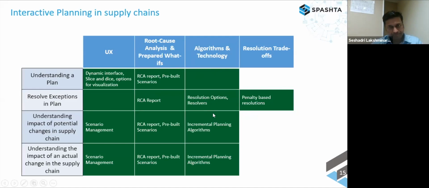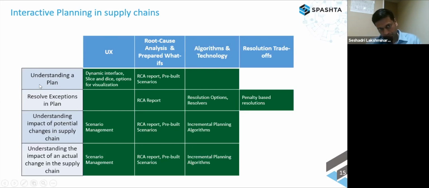So the reason why we do interactive planning, I could think of these 4 reasons. And what are the features of interactive planning that support these use cases are things on the top.